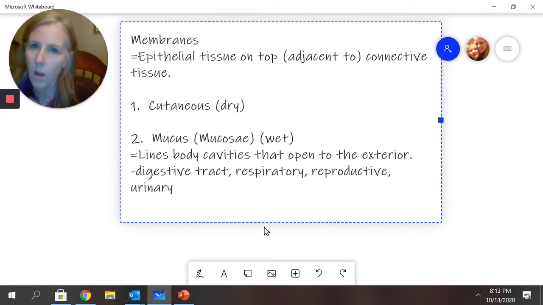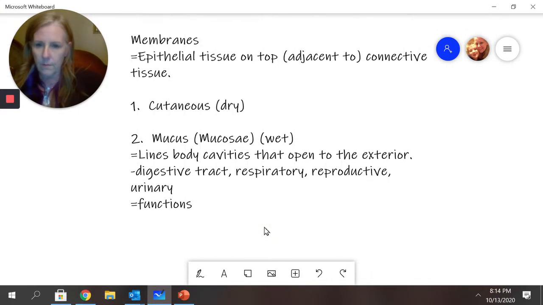So remember, we said all membranes have epithelial tissue adjacent to connective tissue, those two tissues together. Now the functions of the mucous membrane: it actually has two.